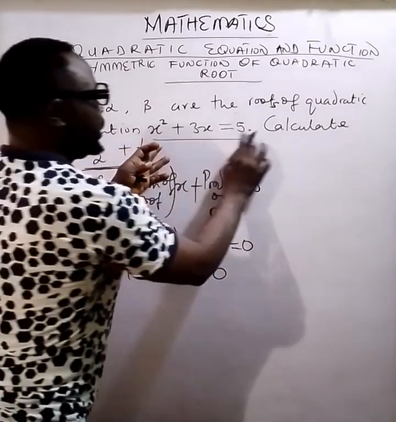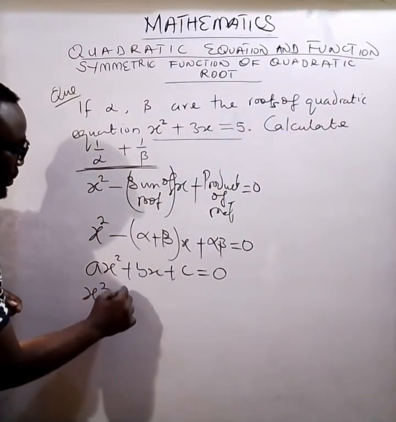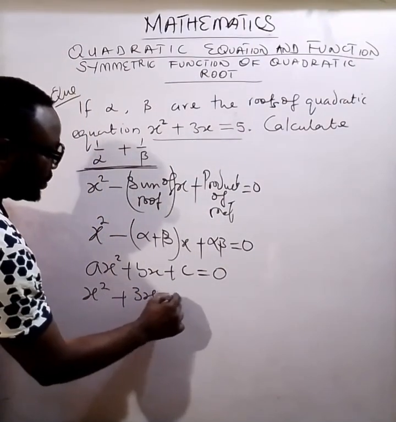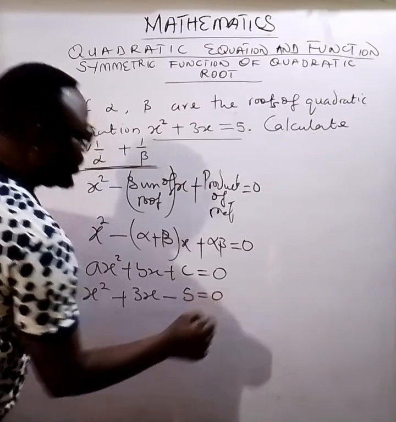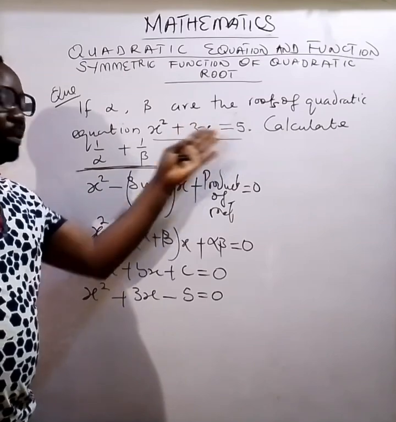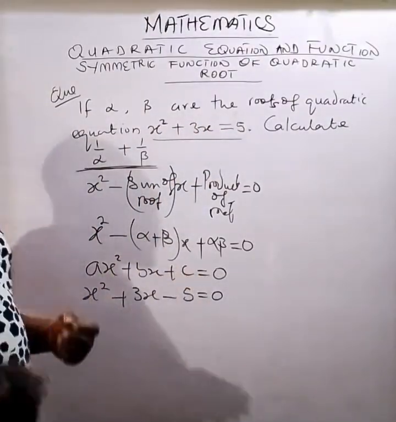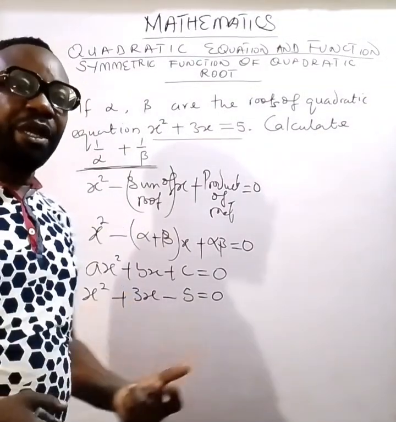From this, our equation becomes x squared plus 3x minus 5 equal to 0. What I did here is I rewrote this equation properly. Now, having done this, I can find the values of a, b, and c.